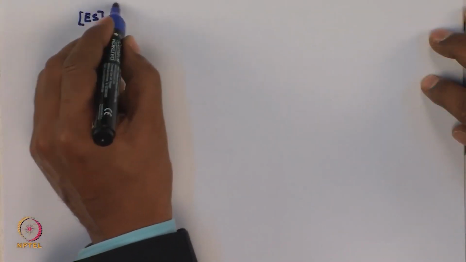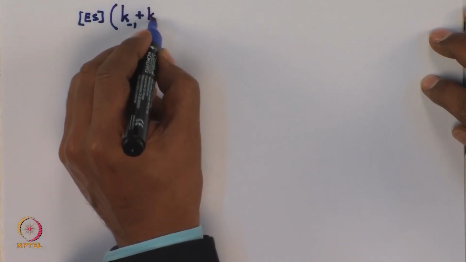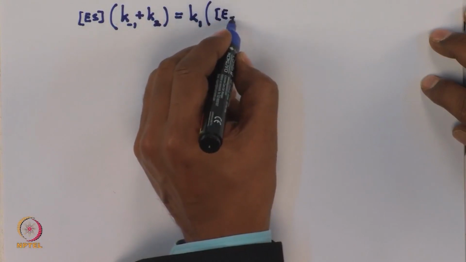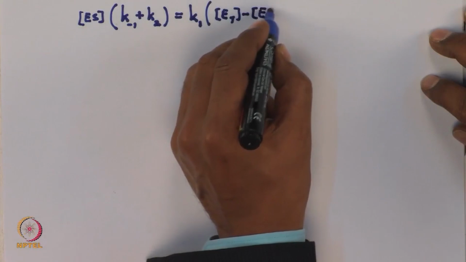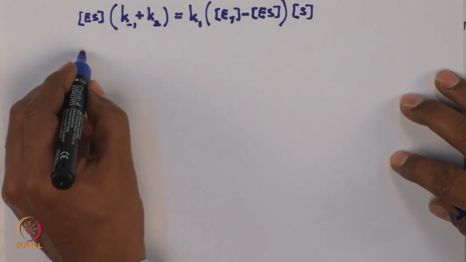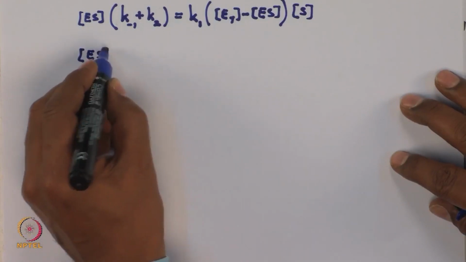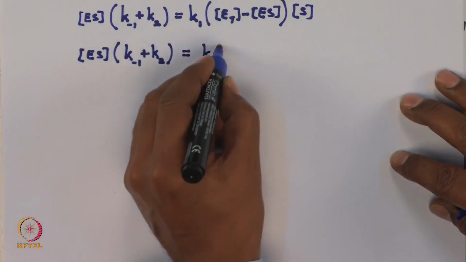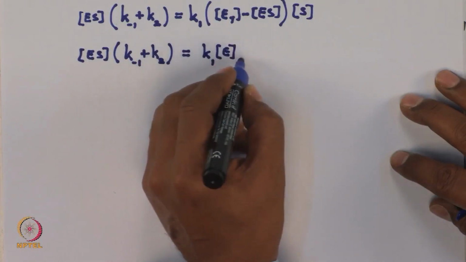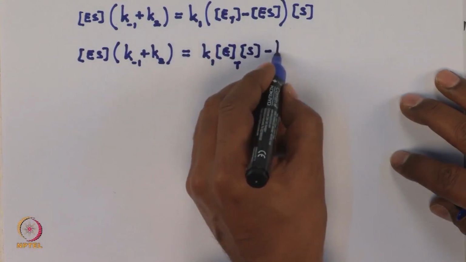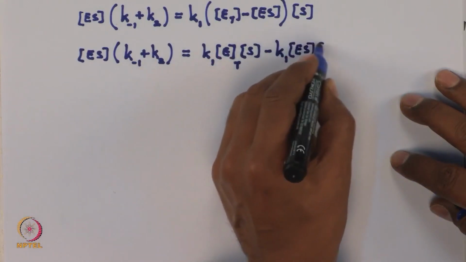What we just derived is ES into the bracket K minus 1 plus K2 is equal to K1 into E total minus ES, and you have S. So, ES into K minus 1 plus K2 is equal to K1 E total into substrate concentration minus K1 into ES into substrate concentration.